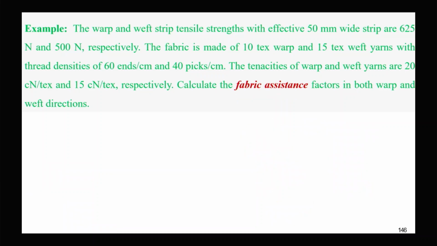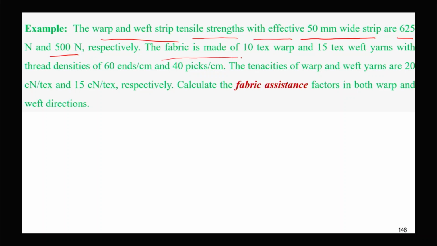Now let us see the numerical. The warp and weft strip tensile strength with effective 50 mm width strip are 625 and 500 Newton respectively. Warp strip strength is 625 and weft is 500.